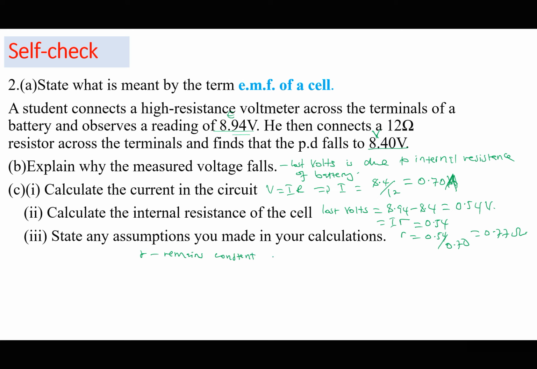But remember, the resistance can also be affected by temperature. If the power supply warms up, this could affect the internal resistance. But we are assuming internal resistance remains constant. Number two, we are neglecting the resistance of the connecting wires.